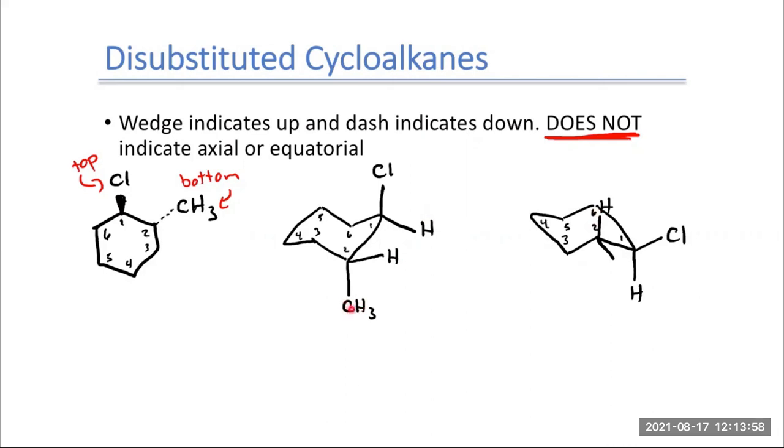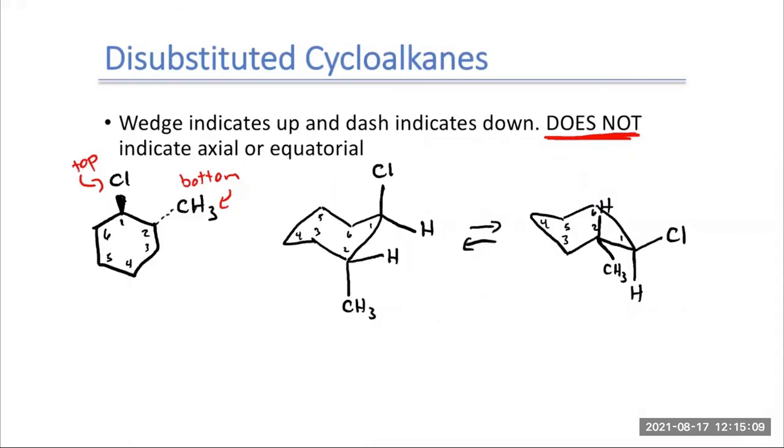Methyl group is on the bottom. So methyl group is now on the bottom compared to the hydrogen. So here they both end up equatorial. Two end up axial, two end up equatorial. Still considered trans.